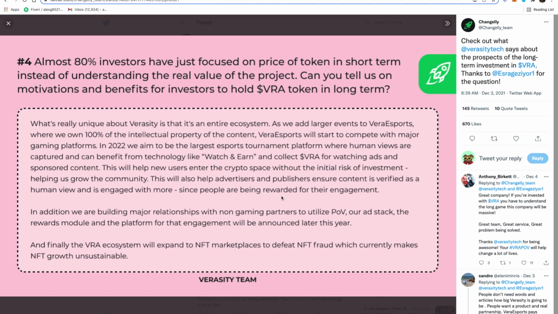They're talking about helping advertisers and publishers ensure content is verified from a human view and engagement standpoint. So it's really cool to see them focusing on the project as a long-term ecosystem that they're building, as opposed to a pump and dump coin or some other coin that doesn't have essential real-world utility for some of these larger corporations that can afford to pour money into projects like this.